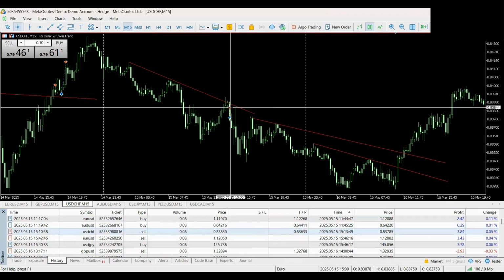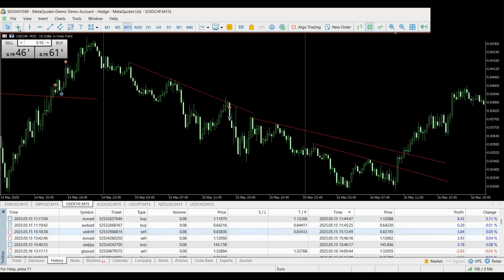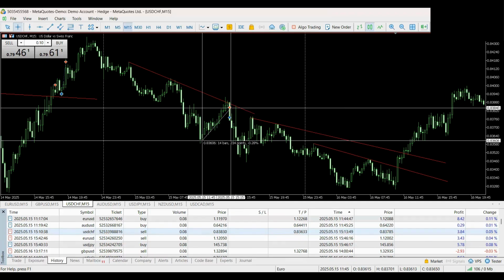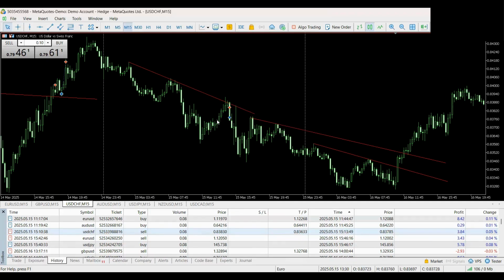So I took a sell. But I should have kept this trade running for a bit longer. I could have easily got 22 pips. Most probably I might have been moving out of the screen or something, so I just closed it as soon as I was in profit.